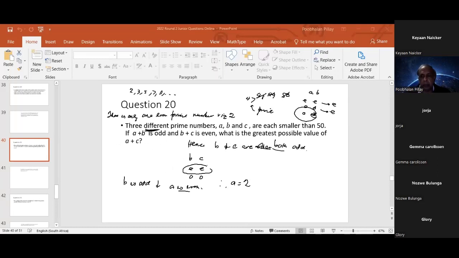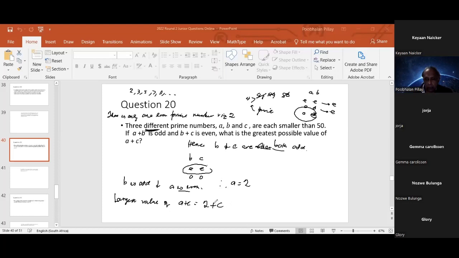So now the question is, what is the greatest possible value of A plus C? So you need to know the largest value of A plus C. We know A is 2 now. And C is a prime. So in other words, you want to find the largest value of C. But remember that all the primes are less than 50. Right?